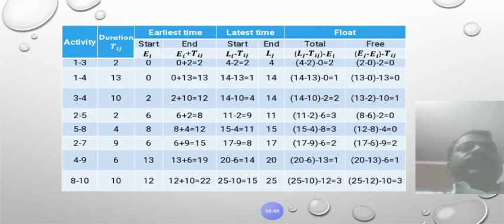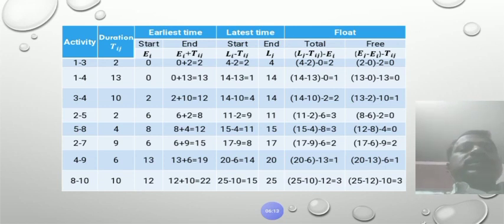Then the free float of activity 1 to 3 is Ej minus Ei minus Tij. Ej, the earliest time of activity 1 to 3, is 2, minus Ei, 0, minus the duration of the activity 1 to 3, which is 2. Therefore, 2 minus 0 minus 2 equals 0.